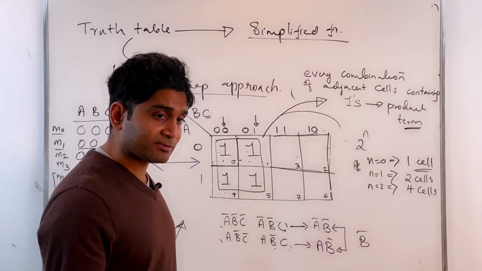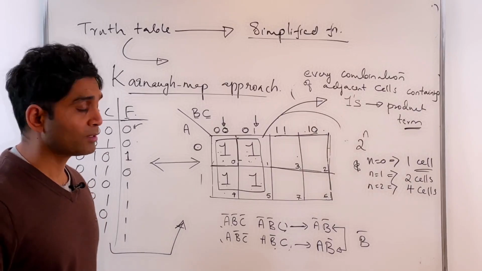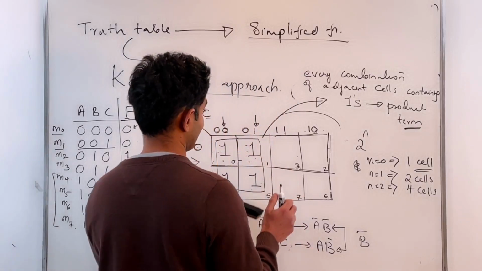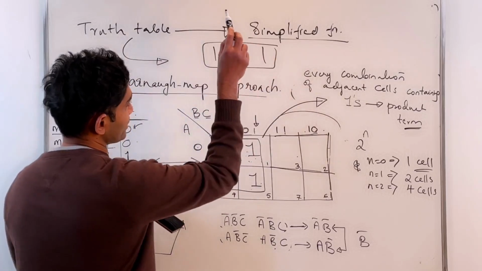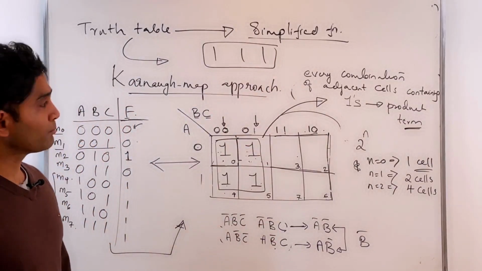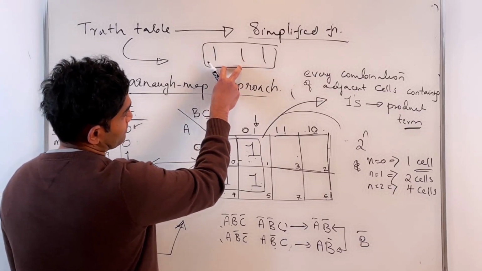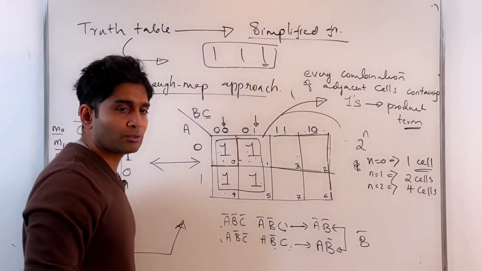I cannot combine 6 cells because we lose the symmetry when I do a 6-cell combination. Or I cannot combine 3 adjacent cells. For example, if I have 1, 1, 1, I cannot combine them into a single combination, because if I combine these two, I get something, and then I won't be able to combine that with another cell. So you lose the symmetry here.